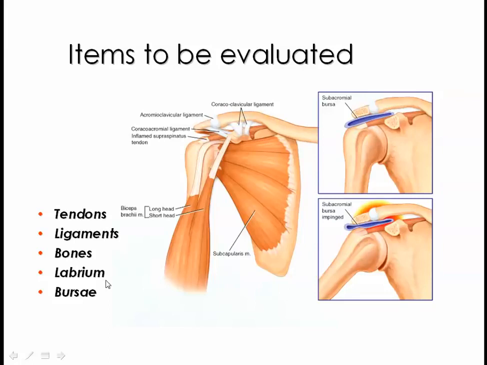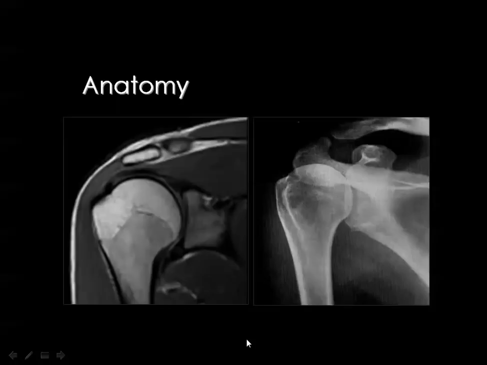The glenoid labrum is divided into 4 parts: the superior and the inferior, the anterior and posterior labrum. And we have 3 bursa around the joint. One of the important bursa is the subacromion subdeltoid bursa, also the subscapularis and the subcoracoid bursa. I will mention them in their relevant sites.